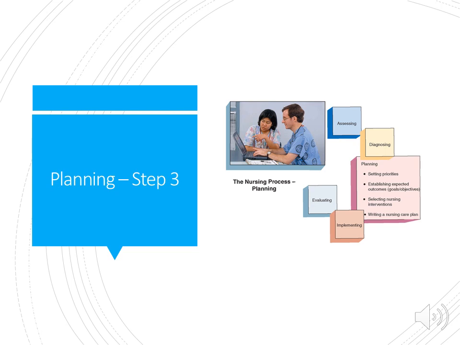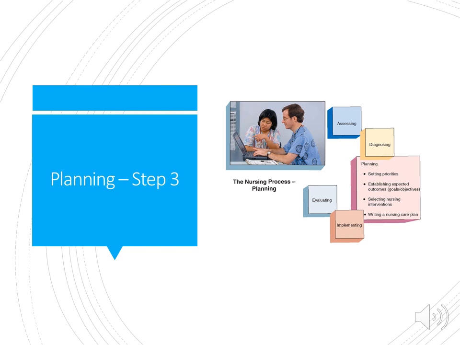Okay. So now we have done A. We did our assessment. We got in all that data, we brought it all in. Then we got a nursing diagnosis. So let's say we did all of our assessment and we find out that the patient is not eating well, right? They're just not taking enough food in.